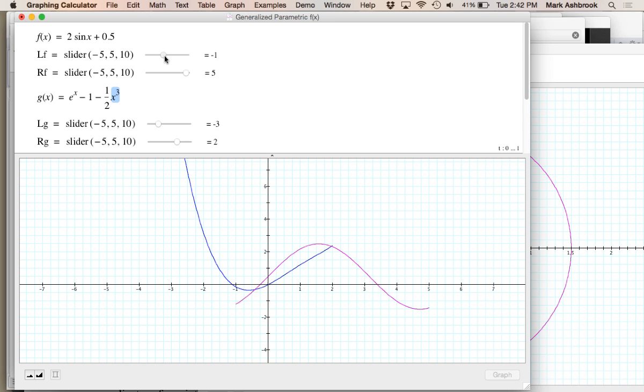By changing left of f, it changes the interval at which it's being shown. I've got it set at integers, negative 5 to 5. Similarly for LG, I can start the left side anywhere I want, and then end it on the right anywhere I want.